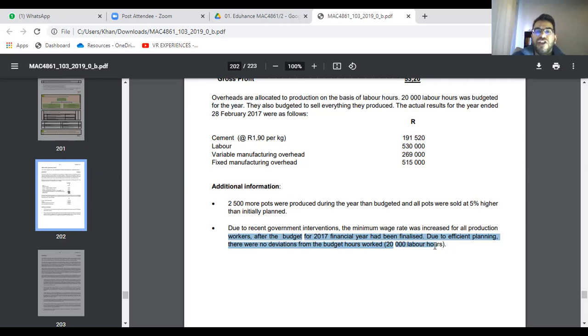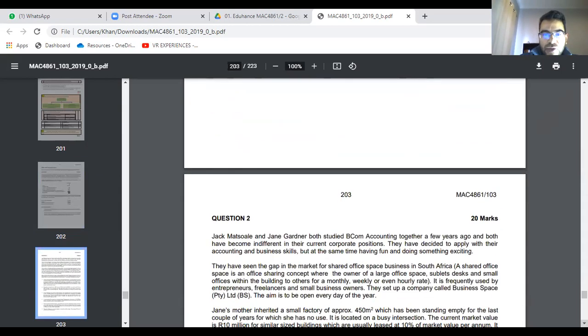For sales, the volume variance is favorable, and the price variance for sales is also favorable, because it was more than expected. So now we can go to the scenario and calculate the variances.